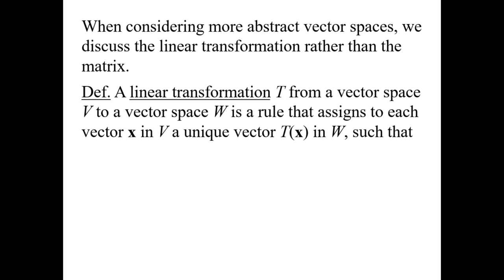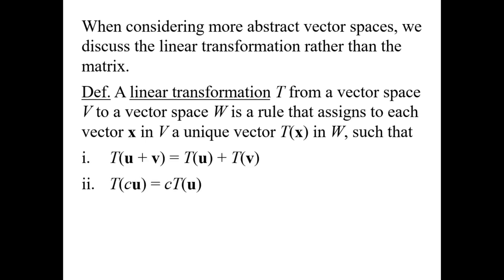A linear transformation T from a vector space V to another vector space W is a rule that assigns to each vector x in V a unique vector T of x in W such that, this is all very confusing, x is the input, T of x is the output, just like any other function. There are 2 conditions. First of all, you have to be able to split up adding. Second of all, you have to be able to pull out coefficients.